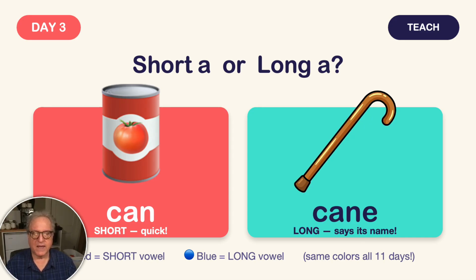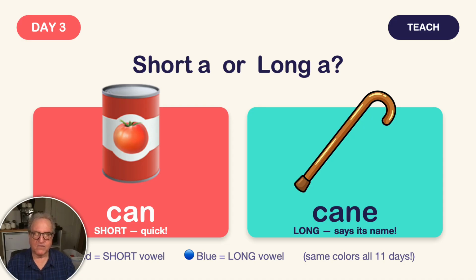So the one on the left is can. The one on the right is cane.